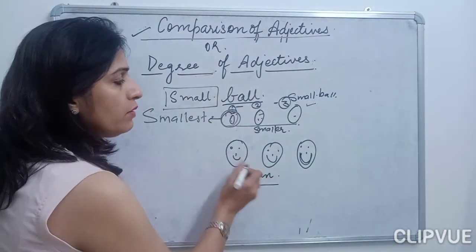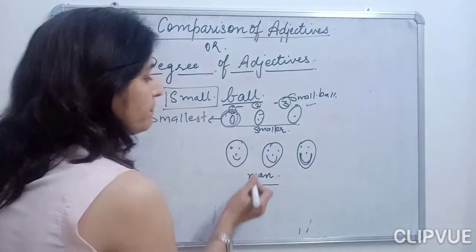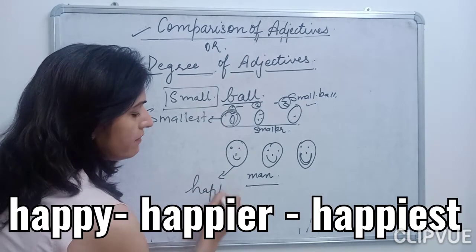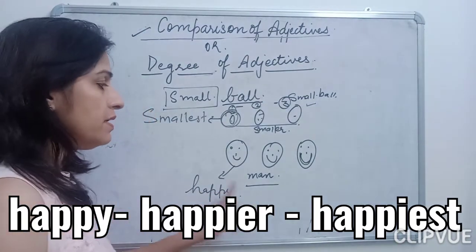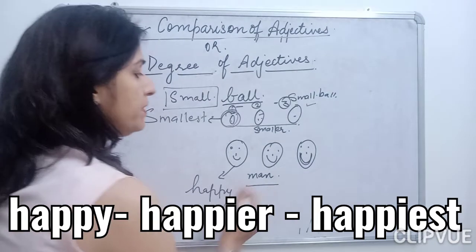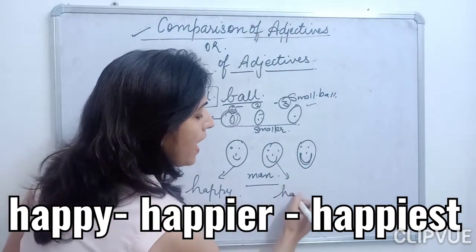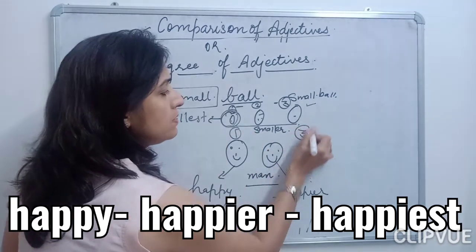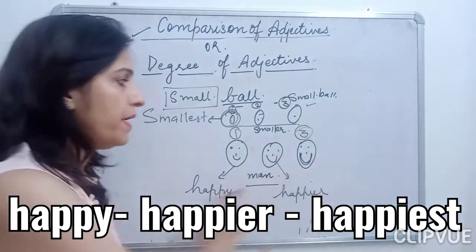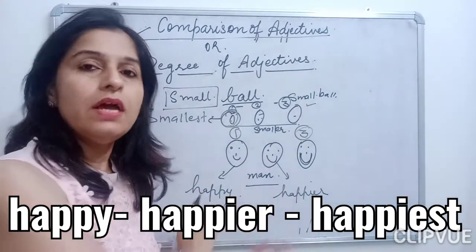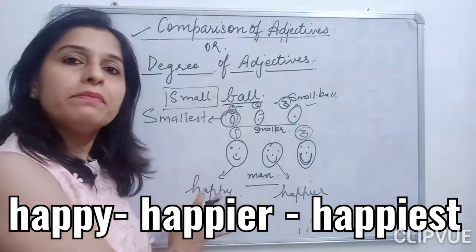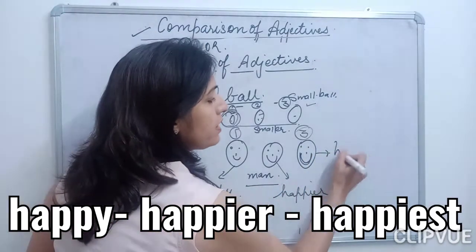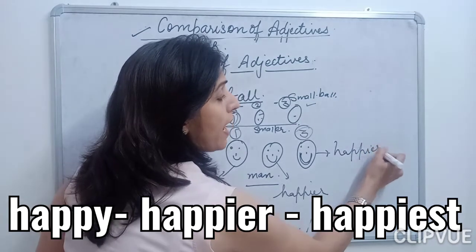Let's take another example, children. Here is a man with 3 different faces. Now this man looks happy. I have added an adjective to it, a happy man. He is happier than man number 1 and man number 3. I am comparing that this man is looking happier than man number 1 and man number 3. My last man is looking the happiest, not the most happiest.